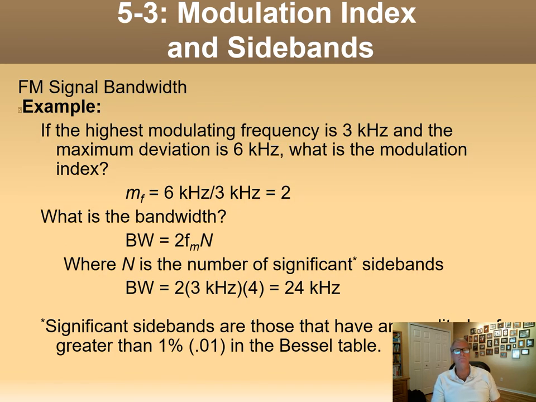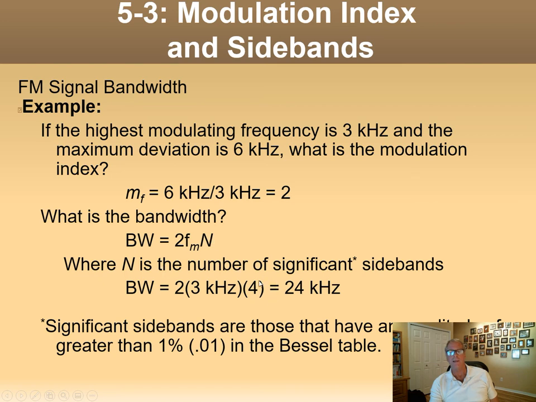Here's an example. We have a modulation index of 6 kilohertz divided by 3, because the deviation is 6 kilohertz and the modulation frequency is 3 kilohertz, so the modulation index is 2. The bandwidth is 2 times fm, which is the modulation frequency, times N. N is the number of significant sidebands, okay?